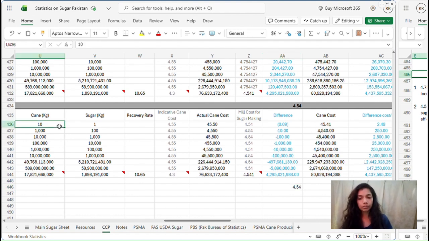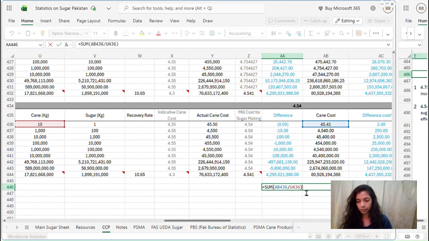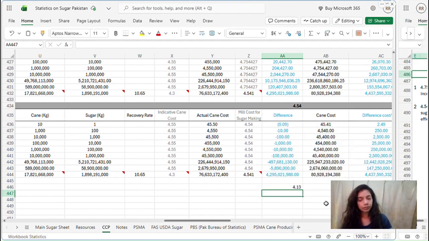If the quantity of cane, let's say they required 11 kg of cane to produce 1 kg of sugar, so this number would increase. And if we change this number here, this number would decrease.